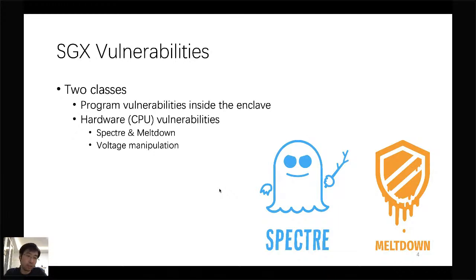From recent research, there are many CPU-related vulnerabilities. For example, we will talk about Spectre and Meltdown today, and also there are voltage manipulation attacks, where the attacker tries to lower the voltage of the CPU, and then they can insert some controllable faults into it. But we will not discuss it today, maybe sometime later.